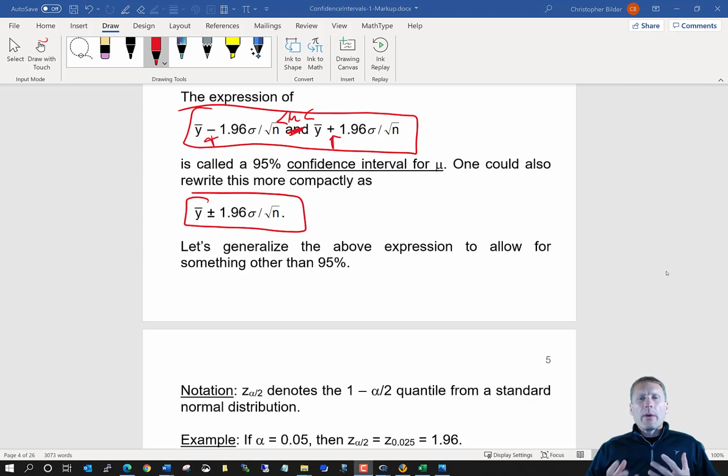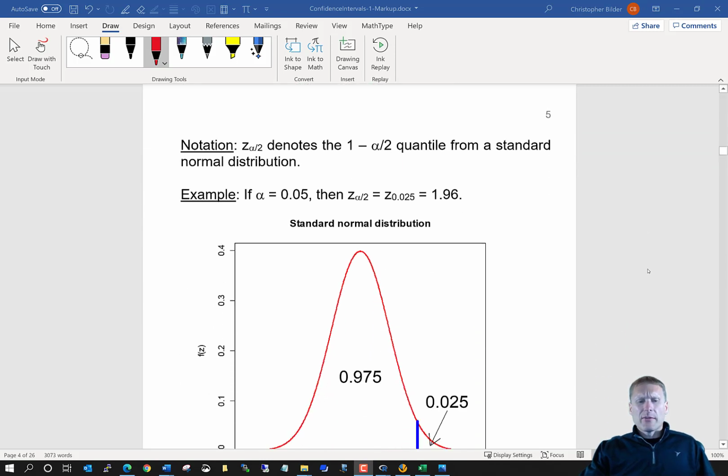Okay, now let's look at how we can generalize this from a 95% interval to some other level of confidence, maybe 99%, maybe 90%. And to do that, we need to introduce some new notation.